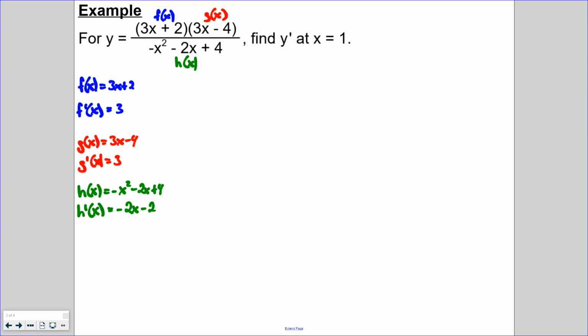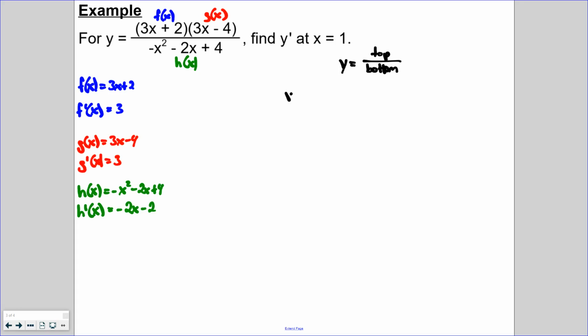Alright, so now that we have all the different components and we have all their different derivatives, let's start to break this down. Well, we can see here that y is a rational function. So we can start out with y being equal to the top over the bottom. So when we want to take the derivative, we are going to be using the quotient rule here.